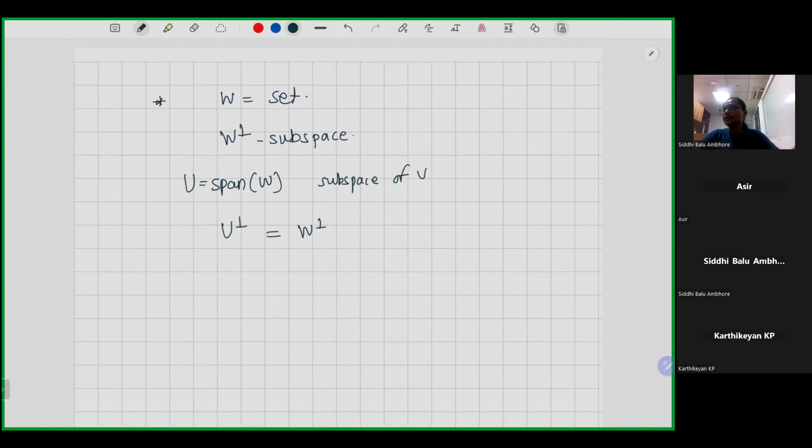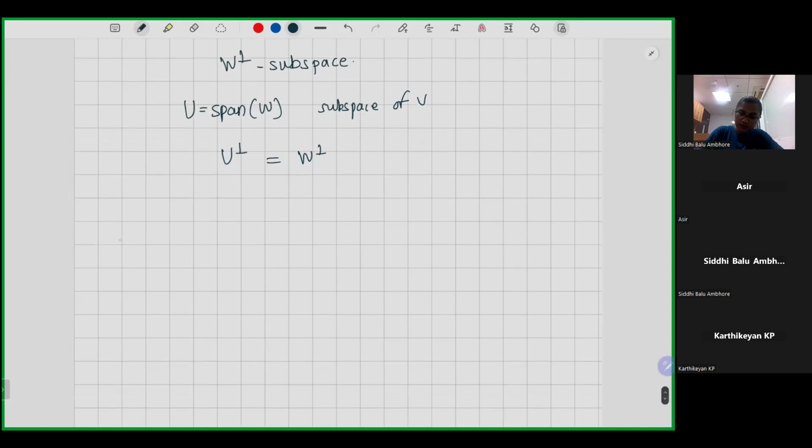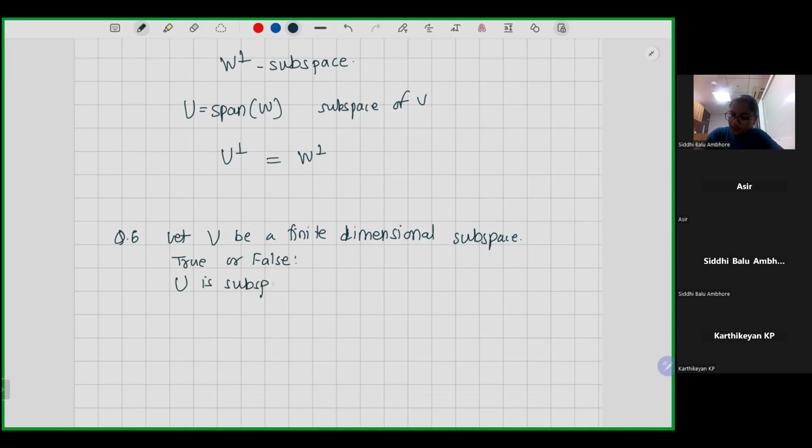And one thing which we were discussing in our week 10 discussion, I think it was question 6, where we said: let V be a finite dimensional vector space, check for true or false that if U is a subspace of V, then U is equal to U perp perp.